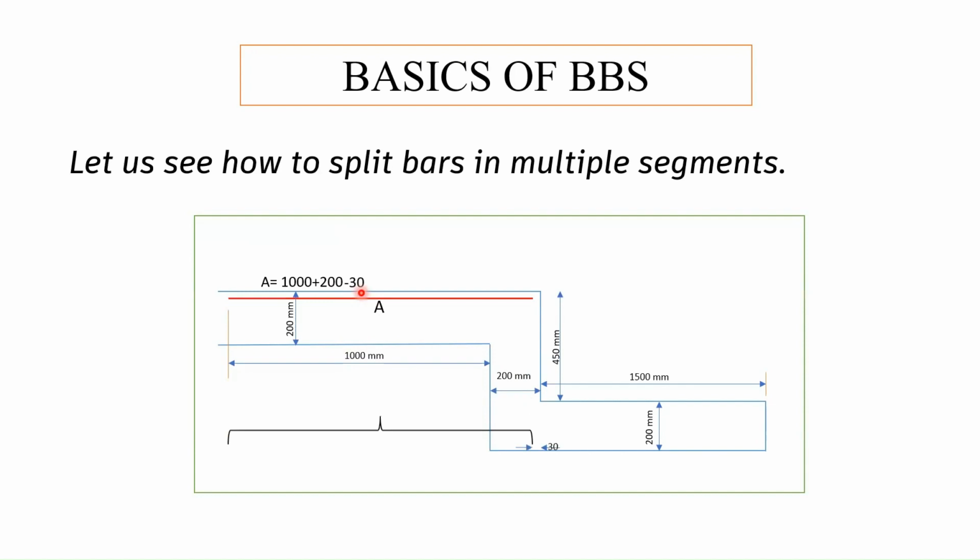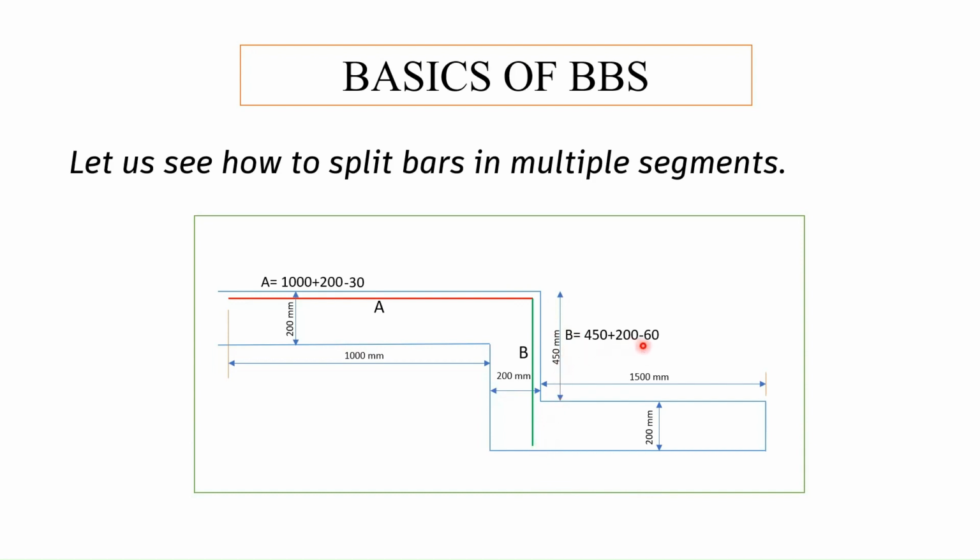In the second step, we will split the vertical bar and term it as element B. Now we have to calculate the length of this vertical bar B. The length would be this 450 mm plus 200 mm minus one time cover here and minus a second time cover over here. So it will be 450 plus 200 minus 60, that is 30 from top, 30 from bottom.